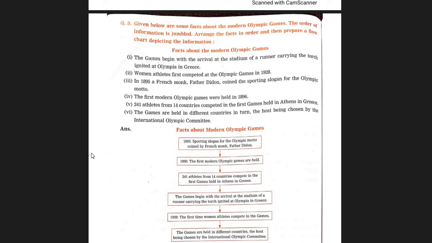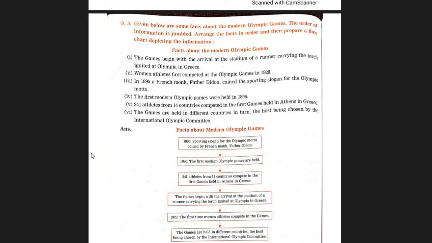Number 3. In 1895, a French monk, Father Didon, coined the sporting slogan for the Olympic motto. Number 4. The first modern Olympic Games were held in 1896.